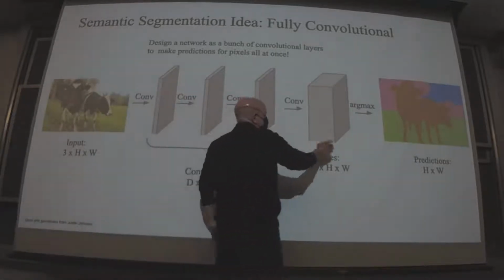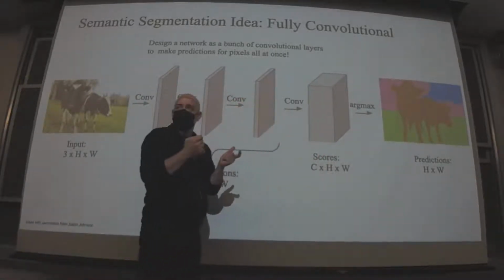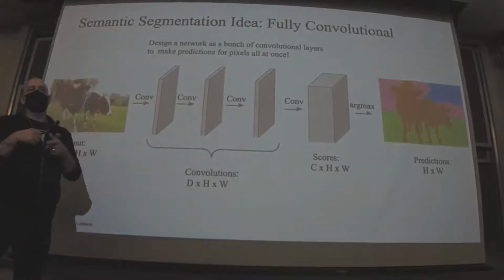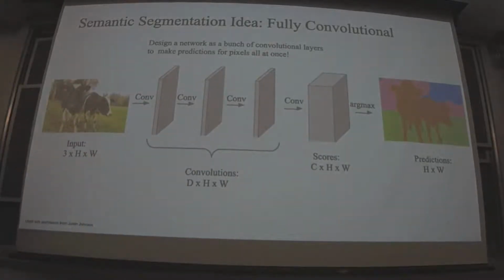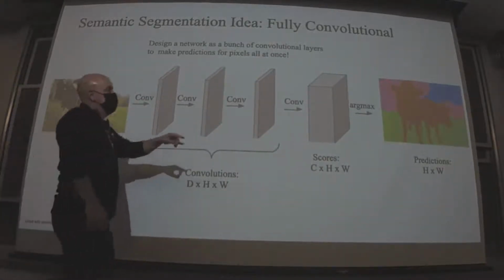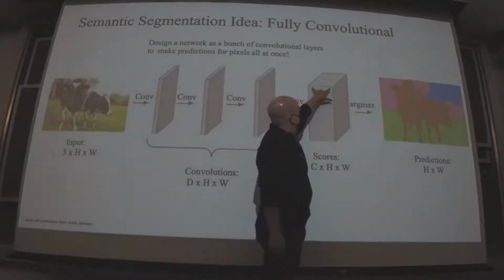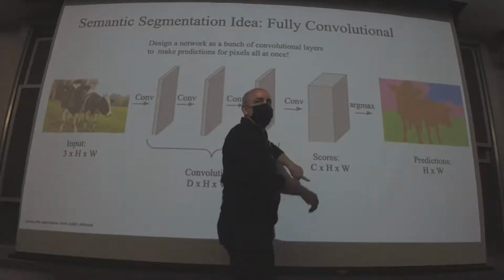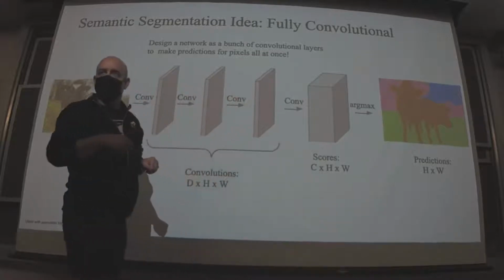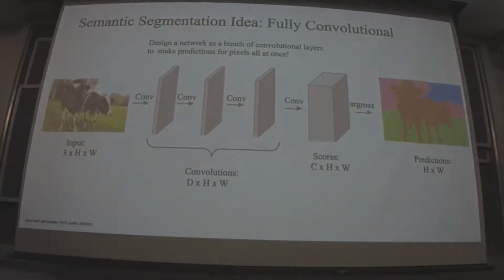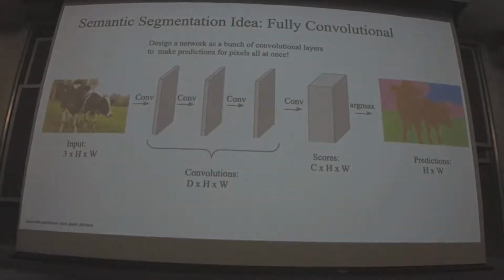And the number of channels is the number of classes, right? So you can think of it as a vector of length C, the number of classes, at every single pixel, and then you'd run your softmax and have your loss applied at each one of those pixels.